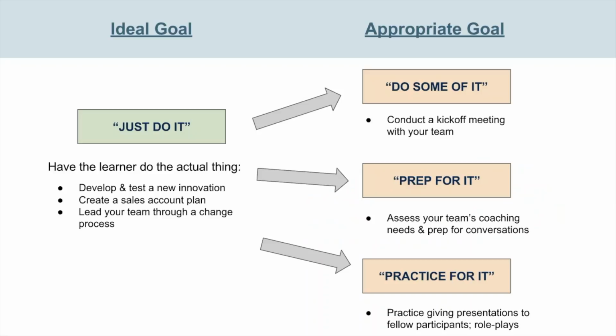Maybe in your learning experience, you can have people by the end of it actually kick off their own team meetings in planning for that change. So in that sense, you're teaching them about the whole change management process, but as part of the learning experience, you're having them actually do a kickoff meeting for that process.